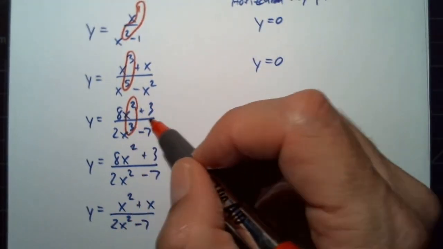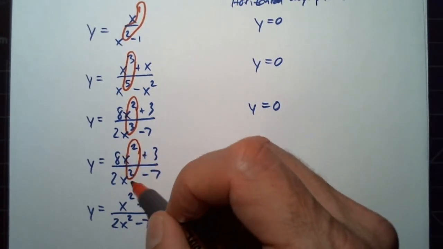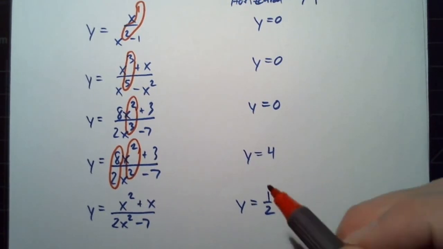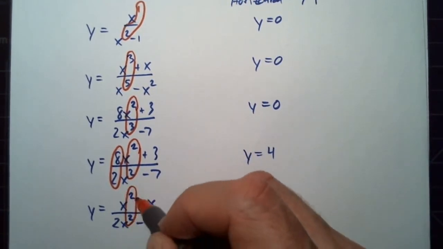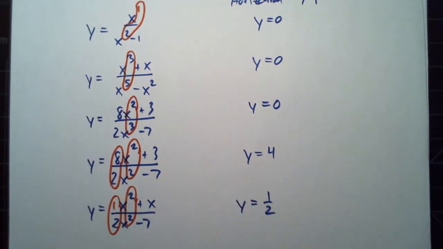Compare the degrees. The denominator is higher. Here we compare the degrees, and they are equal, so the asymptote is going to be 8 over 2. Here we have equal degrees, so the asymptote will be 1 over 2. So those are the rules for horizontal asymptotes.